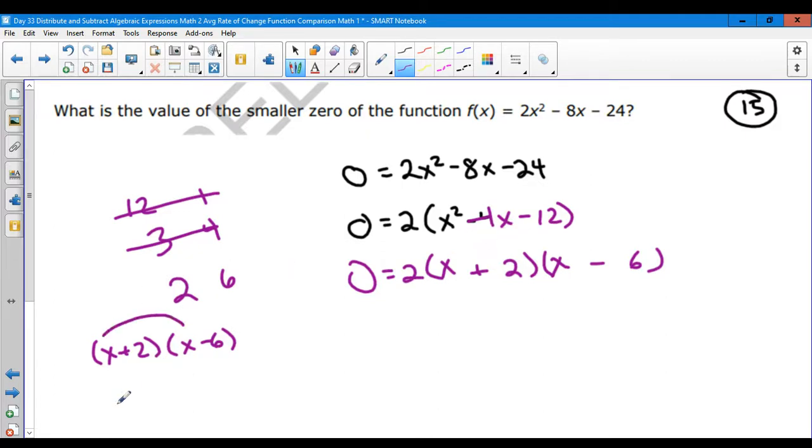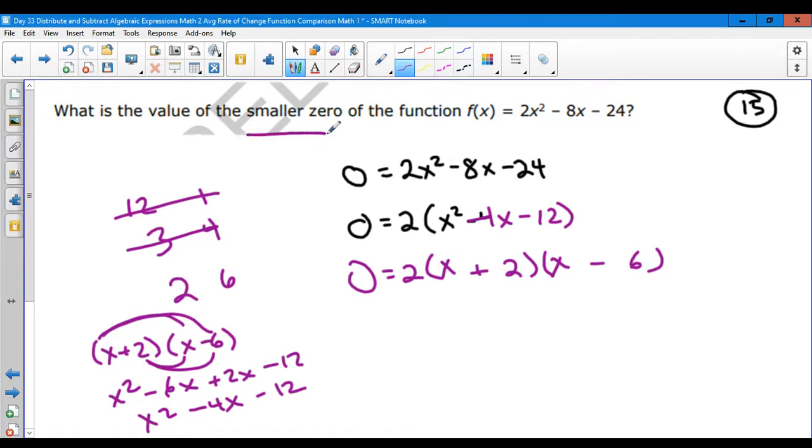So we get our x squared, we get minus 6x, we get plus 2x, and we get minus 12. Like terms in the middle give me a negative 4x. So it says x squared minus 4x minus 12, exactly like that says. So this is factored properly.